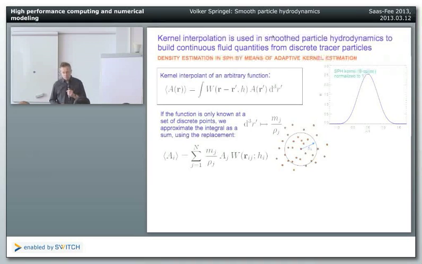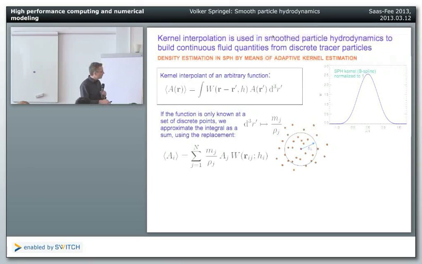So now it's a summation, and you think of this as appearing by basically a Monte Carlo integration of this, where you take these support points here and their differential volumes, and then you get an approximation to what you expect for this smoothed function. And that's indeed the SPH kernel interpolant, the basic machinery that's used in SPH to construct from a set of discrete points what in other fields of fluid dynamics you would call a reconstruction.